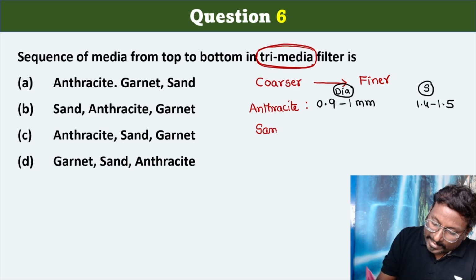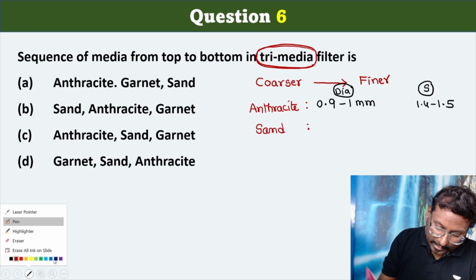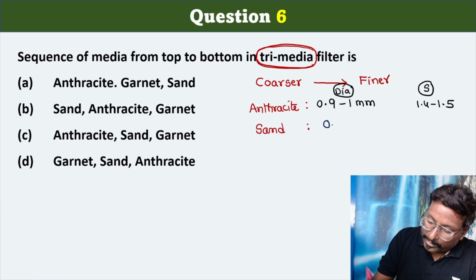Then followed by silica sand, having diameter 0.5 mm, and we know silica sand specific gravity is 2.65.